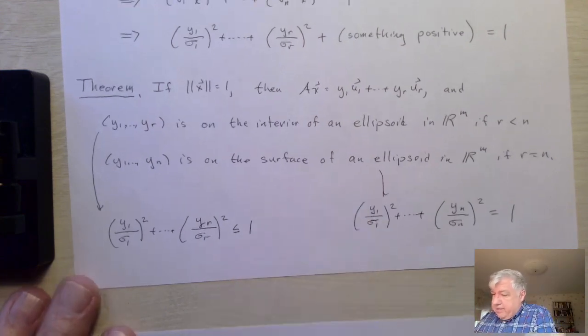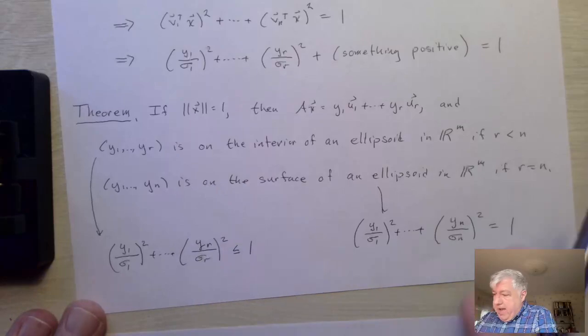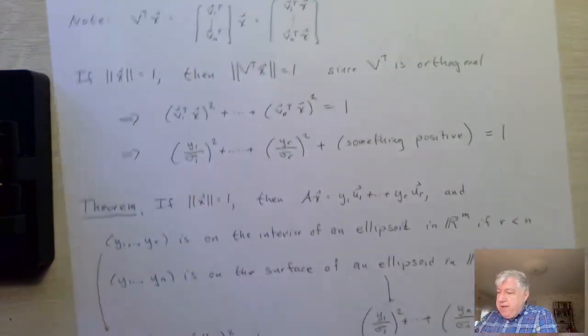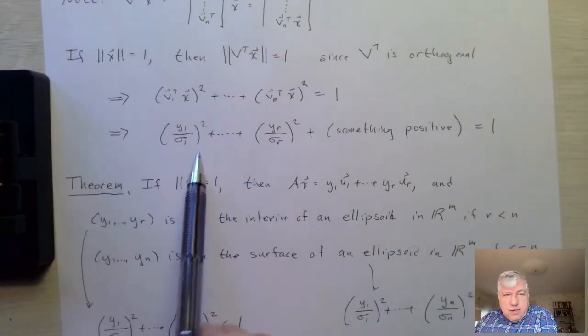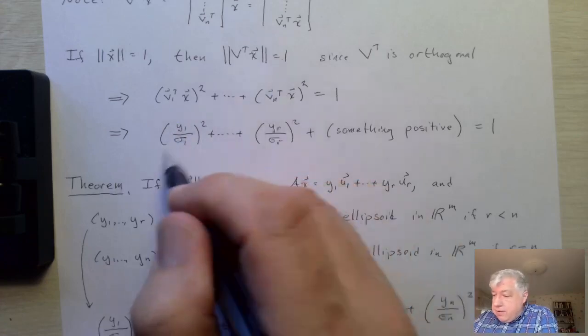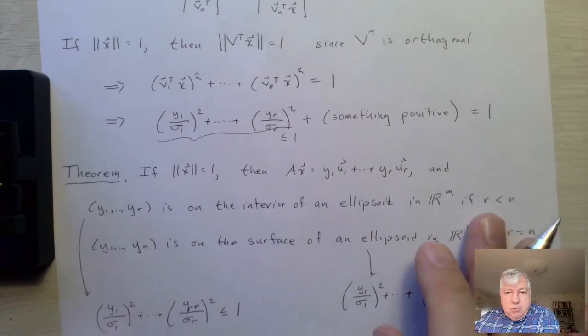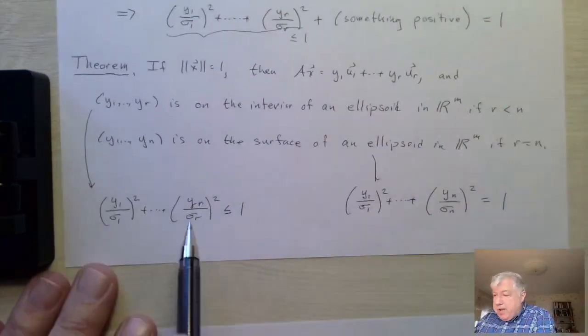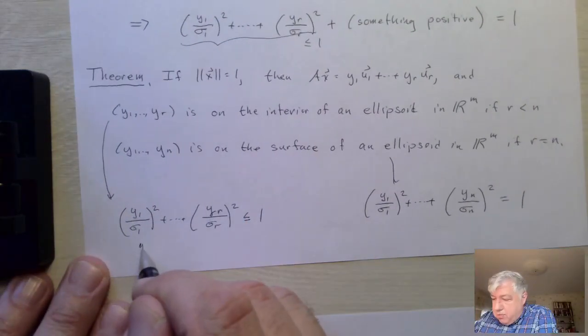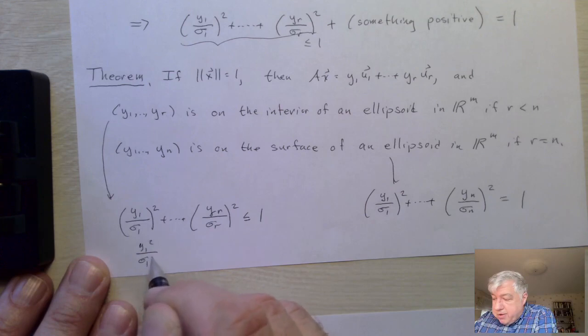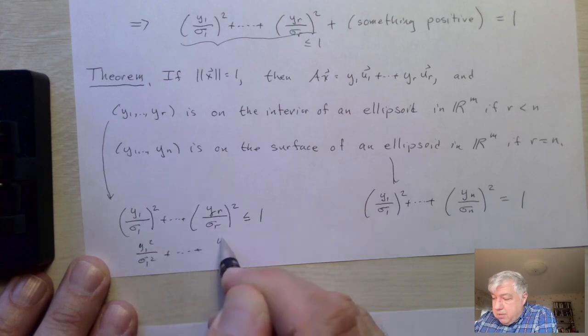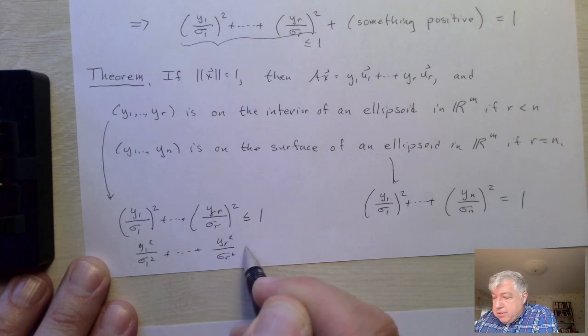And in fact, that's what we have here, because this obviously implies that this has to be less than or equal to 1. Again, this is just y_1 squared over sigma_1 squared plus dot dot dot plus y_r squared over sigma_r squared is less than or equal to 1.